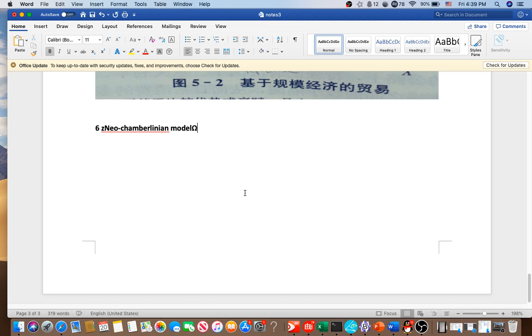Since the only factor used in production is labor, N is determined by the total labor force and the labor input in each product. That is N equals capital L divided by each Li.